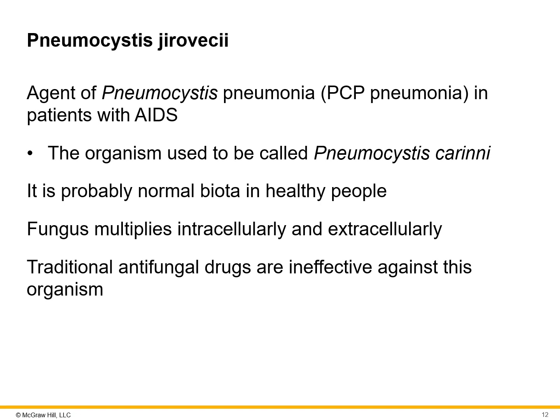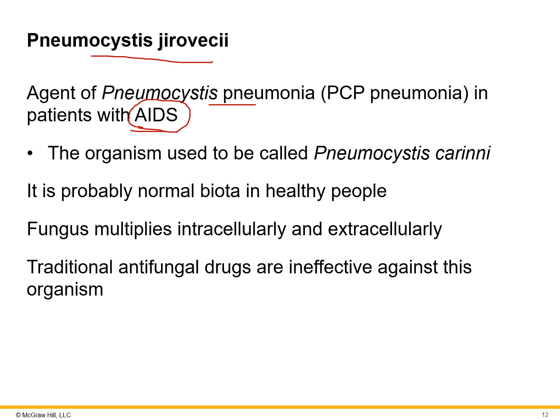And then we also have another one here that we are concerned about with AIDS individuals, and this is Pneumocystis jirovecii. This causes Pneumocystis pneumonia, or PCP pneumonia, and this one only actually occurs in individuals with AIDS.